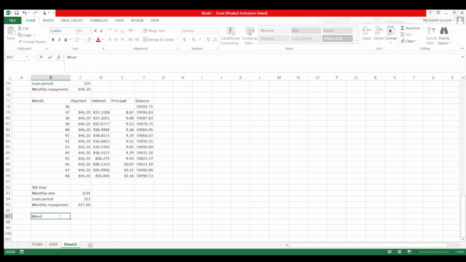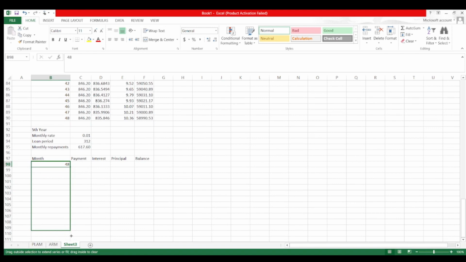Then proceed and create your amortization table. Move it from 48 to 60 months.